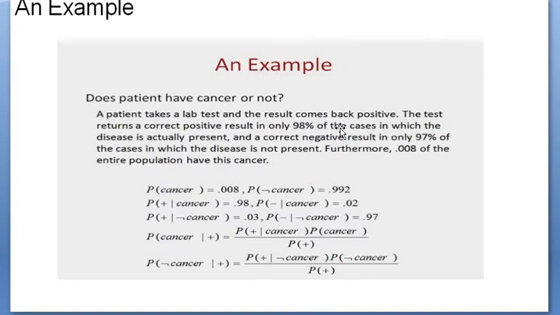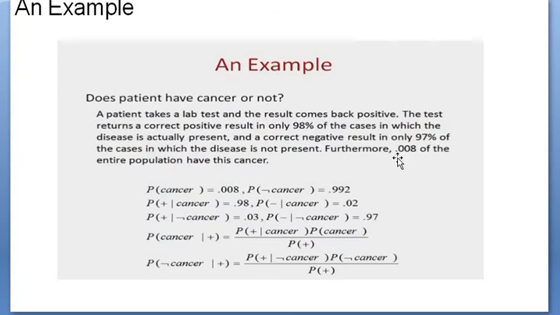So the test gives a correct positive result in 98% of cases in which the disease is actually present, and a correct negative result in 97% of cases in which the disease is not present. If the disease is not present, then 97% of the time it will give the correct result.